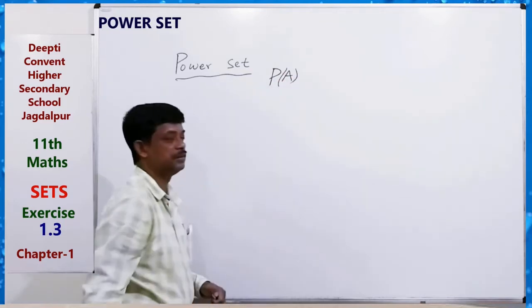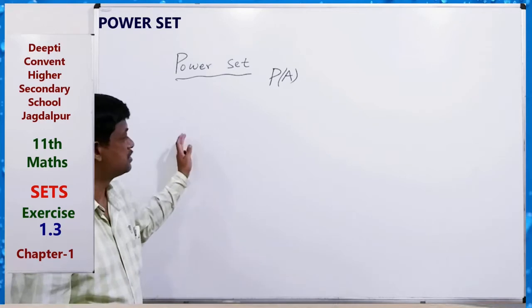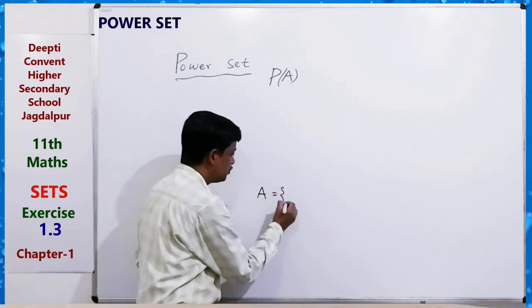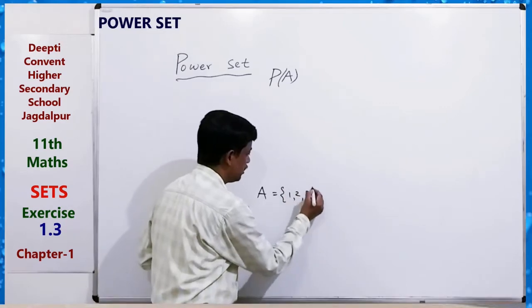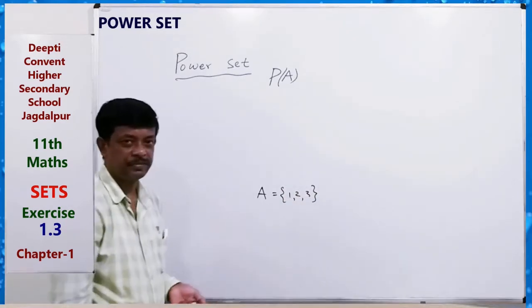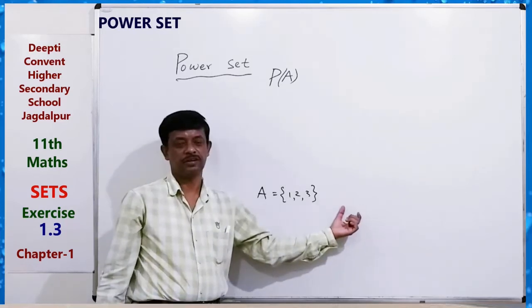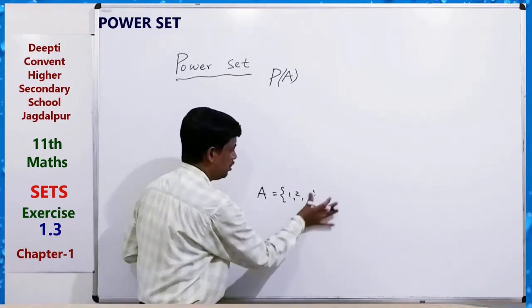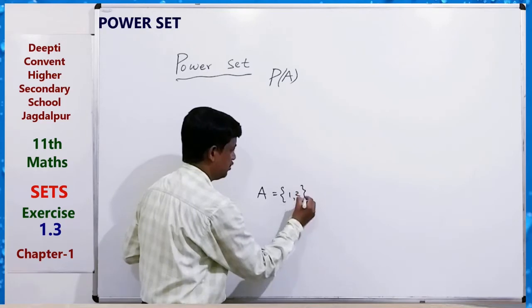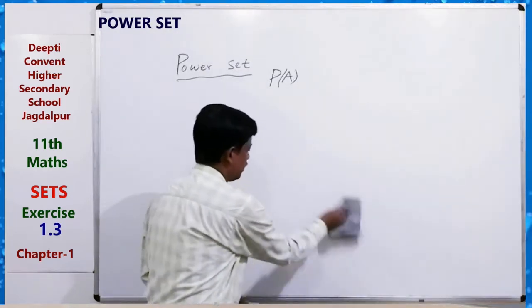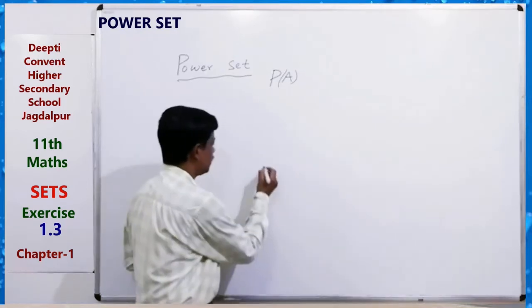Power set means, suppose we are having set A equals {1, 2, 3}. Then how many subsets can we make of this? Suppose only 2 elements are there, 1, 2, or A, B, C, D. Any type of elements you can take.